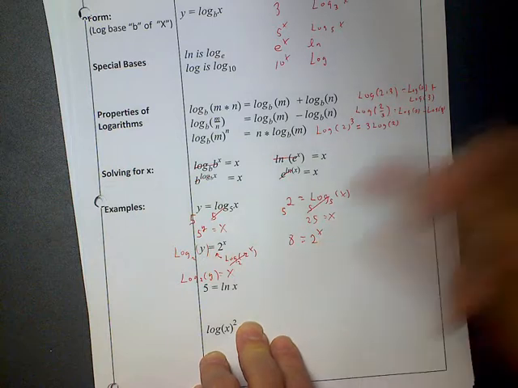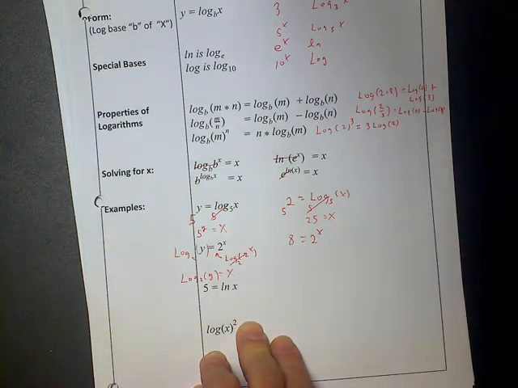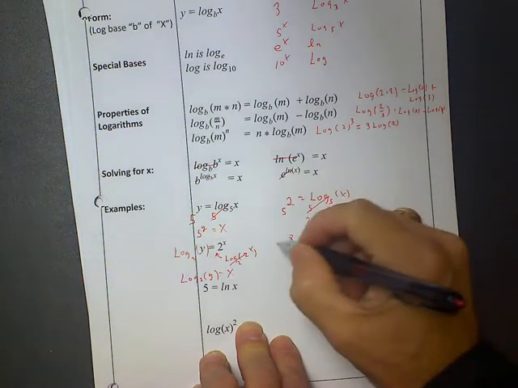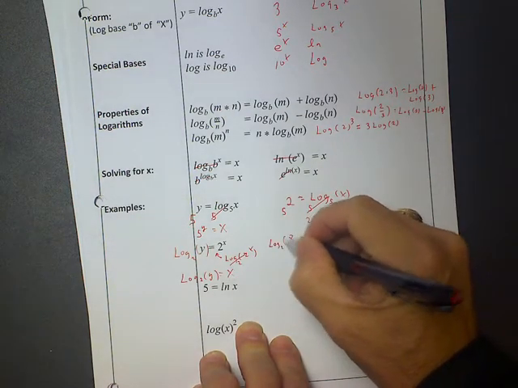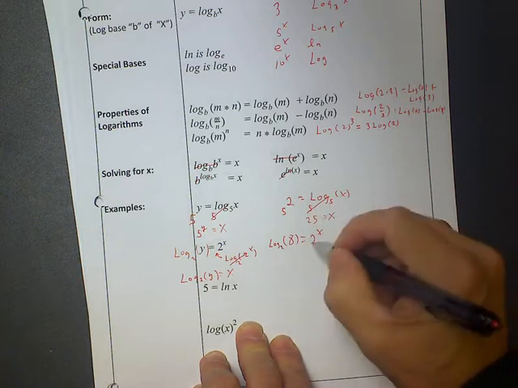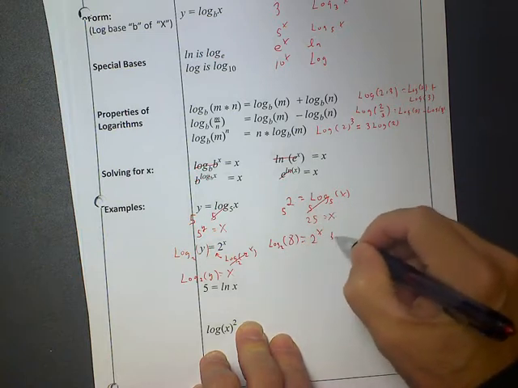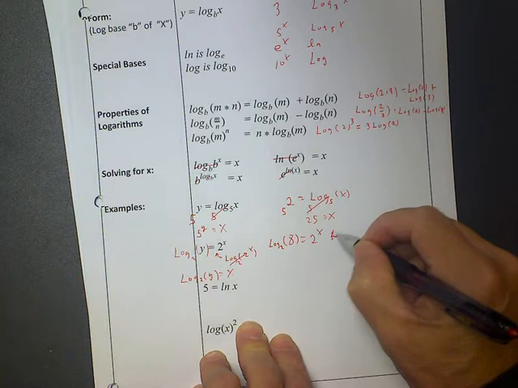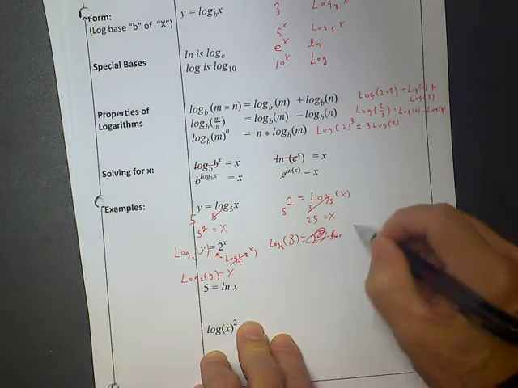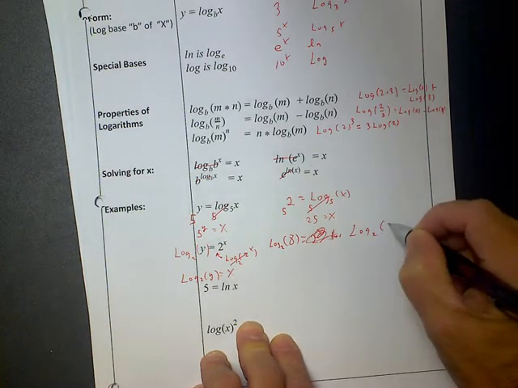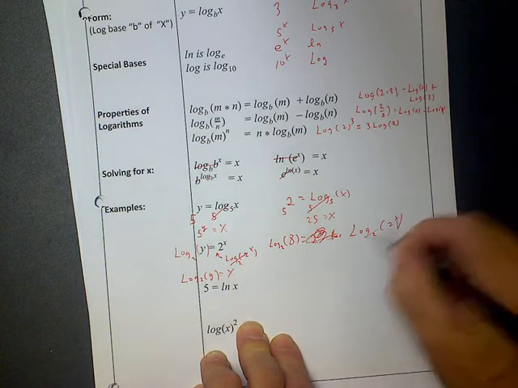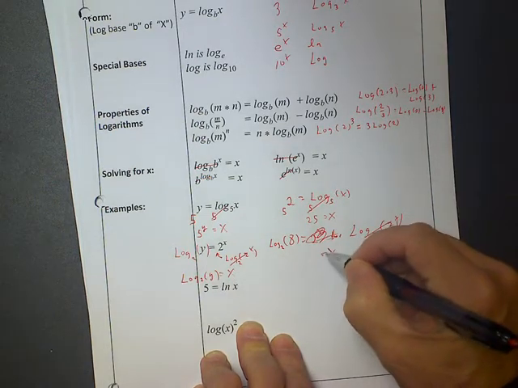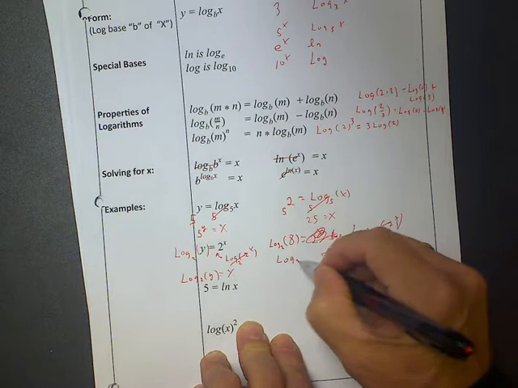Okay. How do I undo 2 to the power of x? I take the log base 2 of both sides. Log base 2 of 2 to the x. The 2 is canceled, so I have x equal to log base 2 of 8.